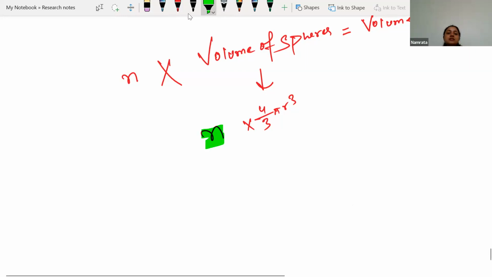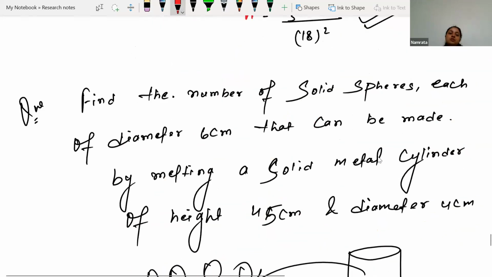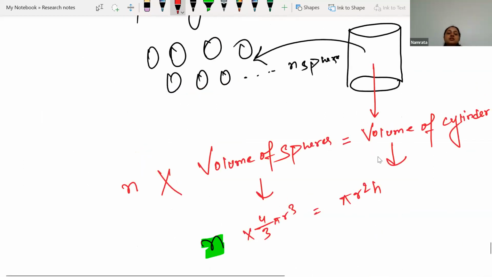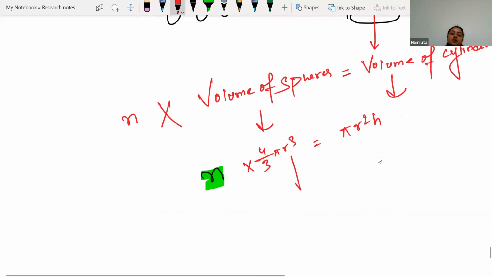Now this must be equal to the volume of the cylinder which we have melted to recast. So the volume of the cylinder will be pi r square h. Do we know all the values? The diameter of the solid sphere is 6 centimeter, so the radius of the sphere will be 3 centimeter, right?